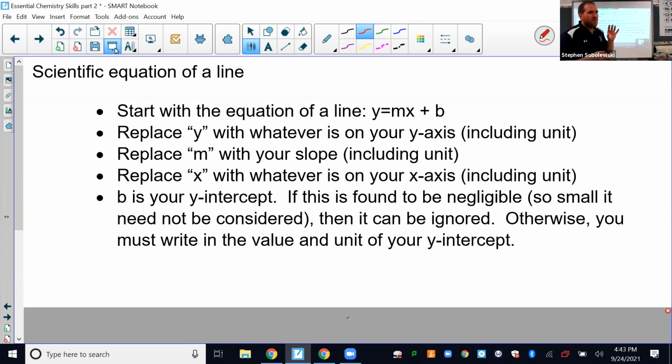Really, this means that your y-intercept is 5% of the maximum y value of your data. The idea is, are you within 5% of the origin? If you're less than 5%, then you're clearly so close that we can ignore that. But if you're more than 5%, you do have to include it.